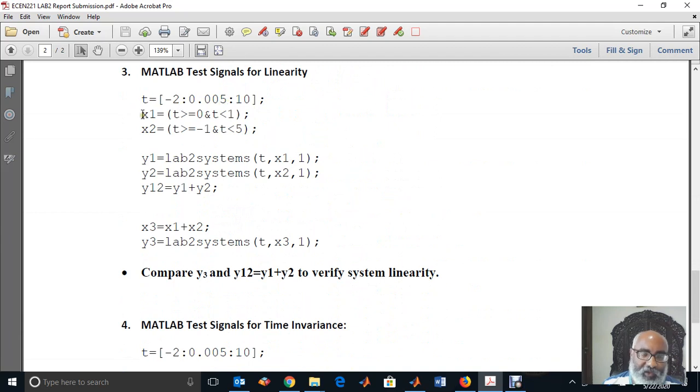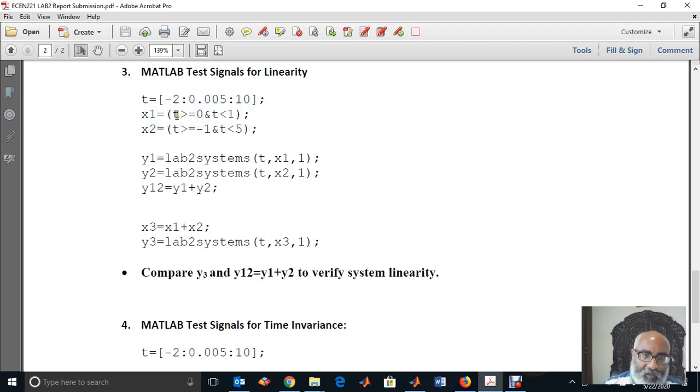And I create two inputs, x1 and x2. What is x1? x1 is equal to t greater than or equal to 0 and t less than 1. This is actually a logical expression. So that means if I give this time vector, then the input x1 will be 1 between 0 and 1.